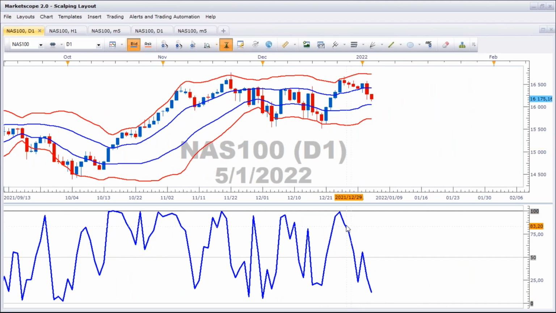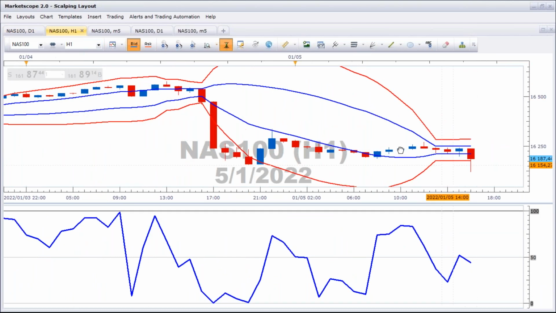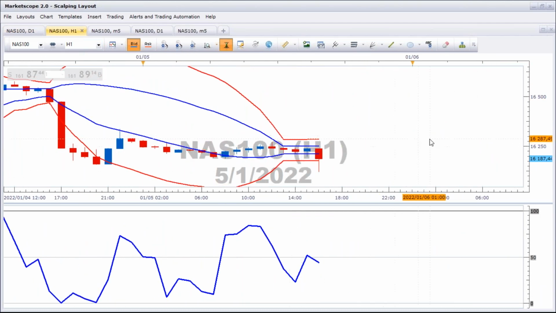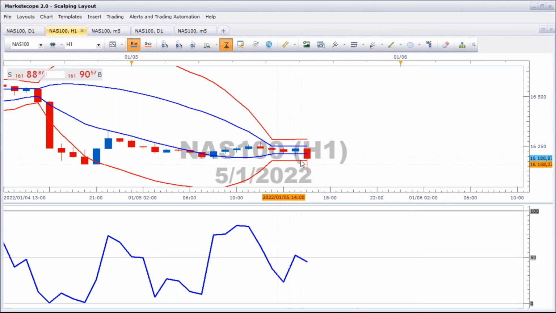All right, so NASDAQ's got a downwards momentum. Let's take a look at the hourly chart. I'm not liking this chart either. The last candle closed in zone 2, but take a look at this. There's a squeeze of note on.